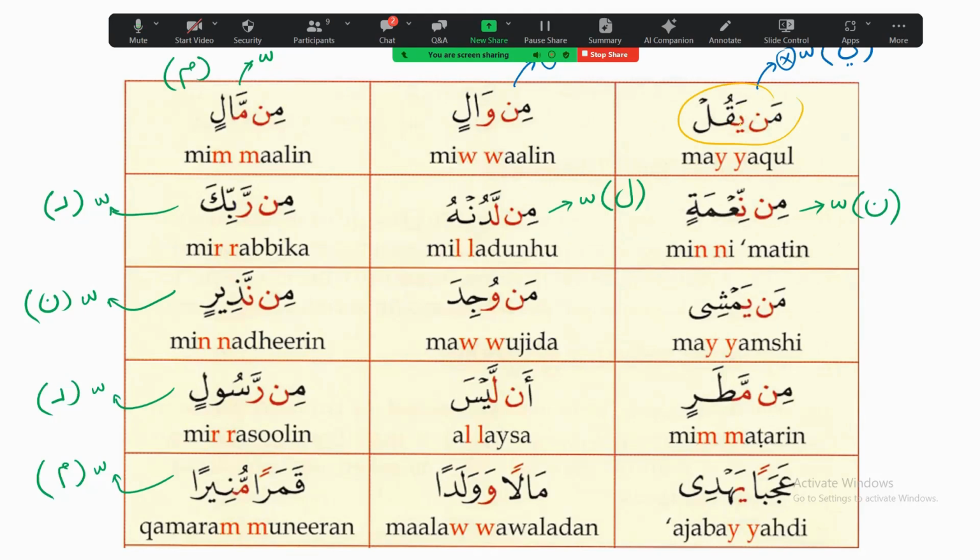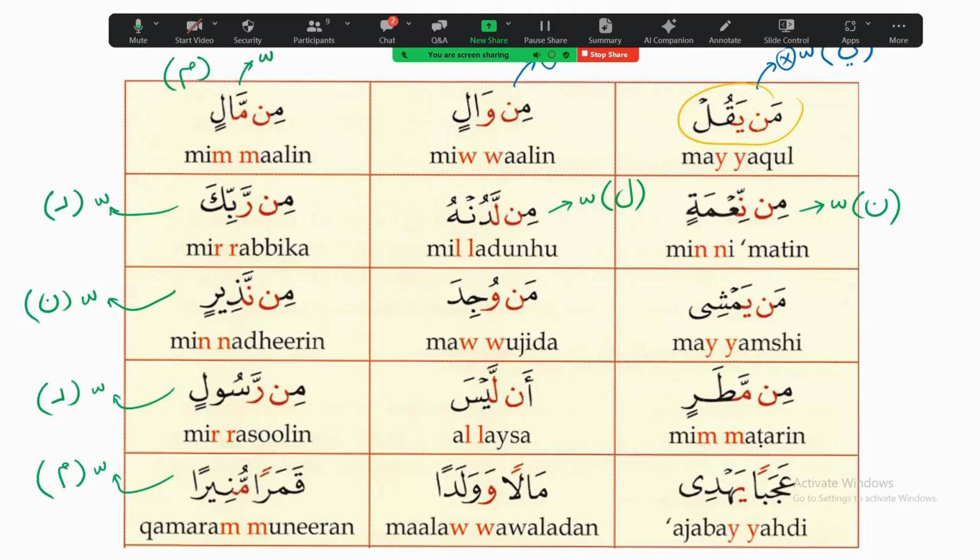So this means that the assimilation will be incomplete, which means that the sound of the noon sakin will be gone, but the nasal will remain. So let's do this. May yaqul. I'm assimilating the noon into ya here, but keeping the nasal of noon by staying on the letter ya and making a nasal sound and saying may yaqul.